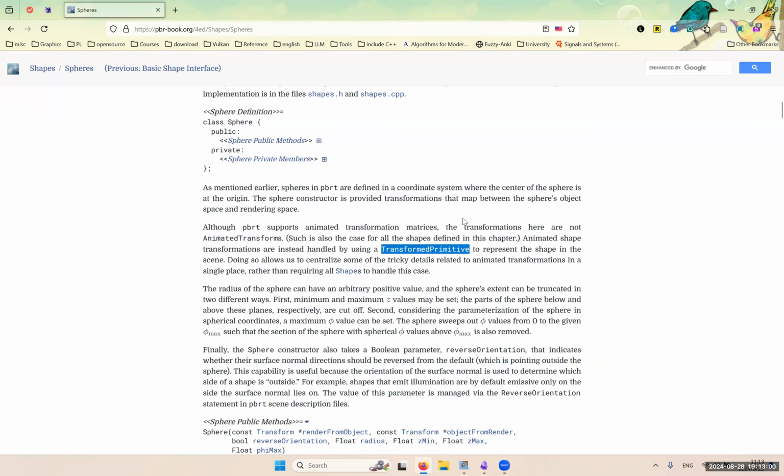Most primitives do not move, so they just don't want to store it in every primitive. Yes, to centralize some tricky details related to animation in a single place rather than require all the shapes to handle it.